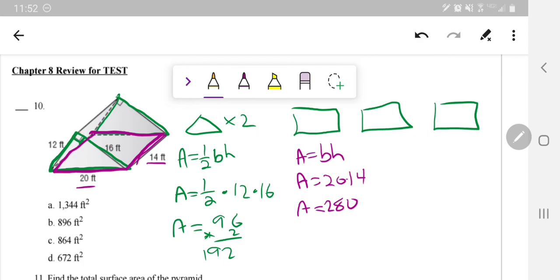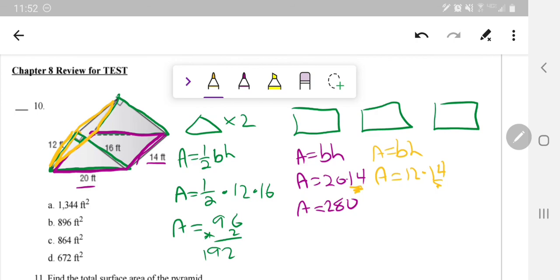And let's go to this one over here, the left side there. Area equals base times height. Area equals, interesting, this side is 12. And again, we're using the 14. Just like we use 14 for this one, we use 14 for this one.